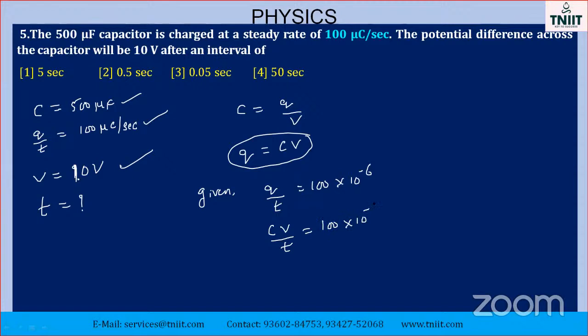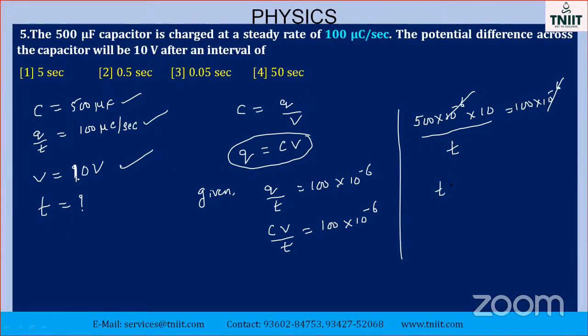That is 100 into 10 power minus 6. What is C value? 500 micro. Potential is 10. What about the time? You have to calculate 100 into 10 power minus 6. So 10 power minus 6 get cancelled out.